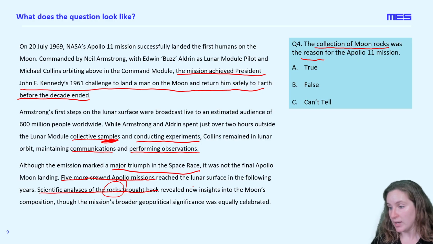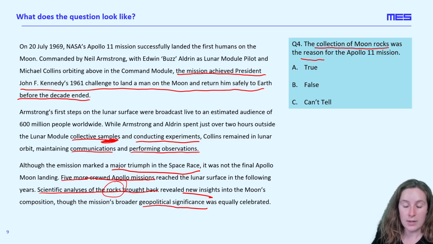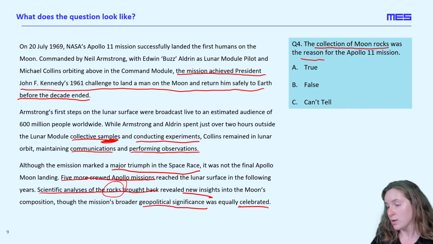We know that we received new insight into the moon's composition and that the significance of the geopolitical mission was also celebrated, but we can't say for sure that the rocks were the full reason for the Apollo 11 mission. So we can't say it's true.